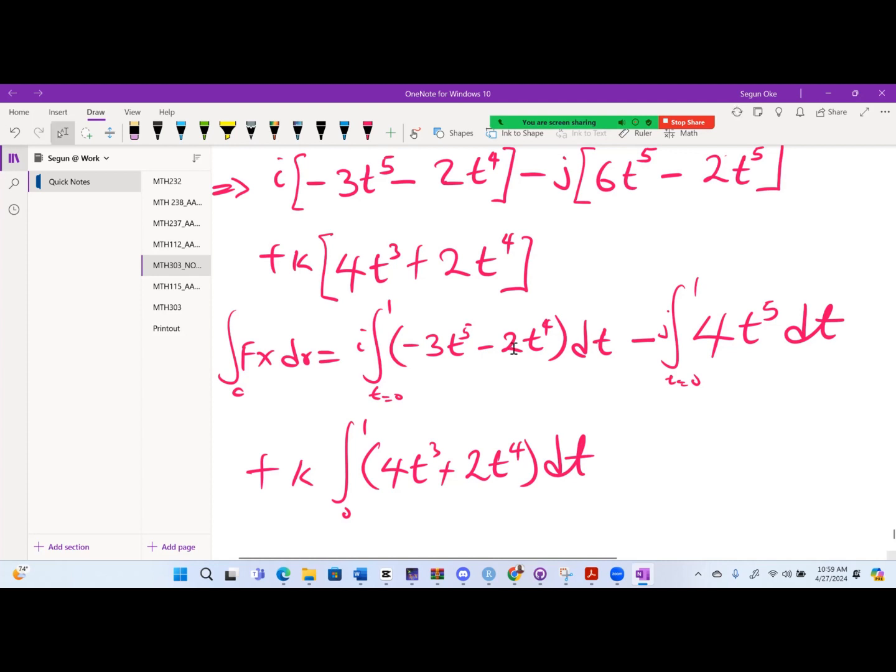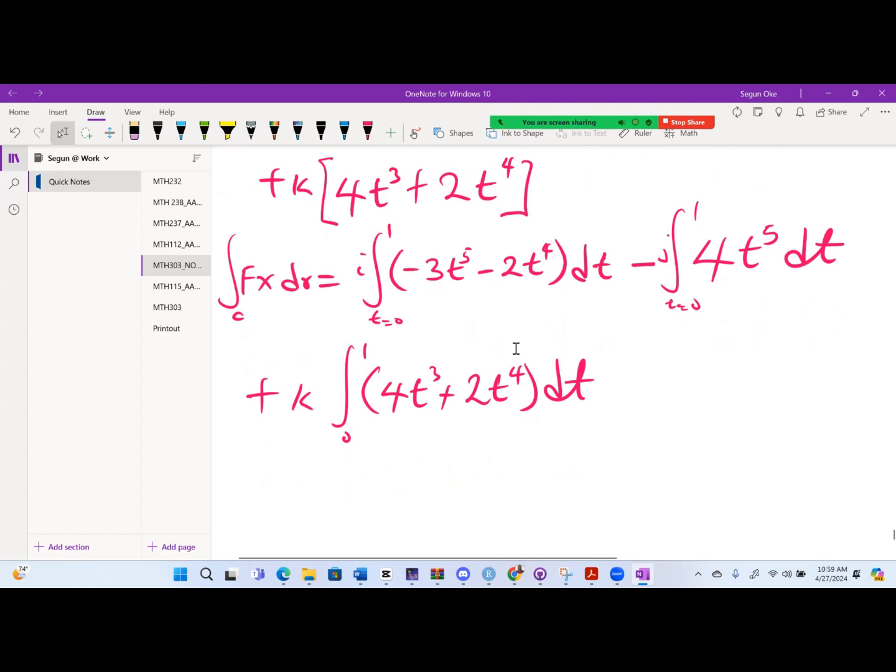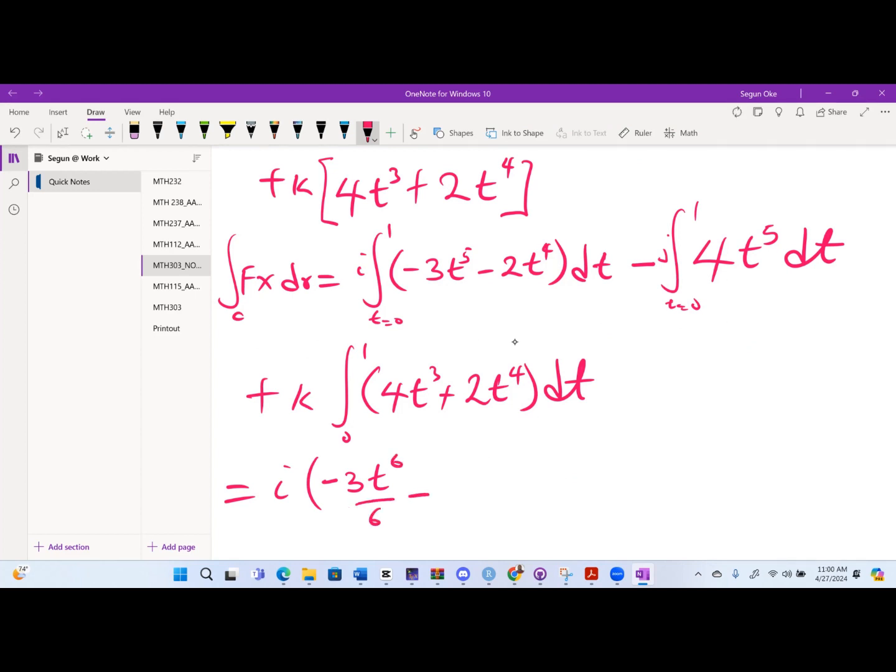So let's go ahead. We can now integrate it component by component. So at the end of the day, what do we have here? We have the first I. Let's integrate I. When you integrate I very well, you have negative 3t raised to power 6 over 6 minus 2 raised to power 5 t5 over 5, 0 to 1, minus j.